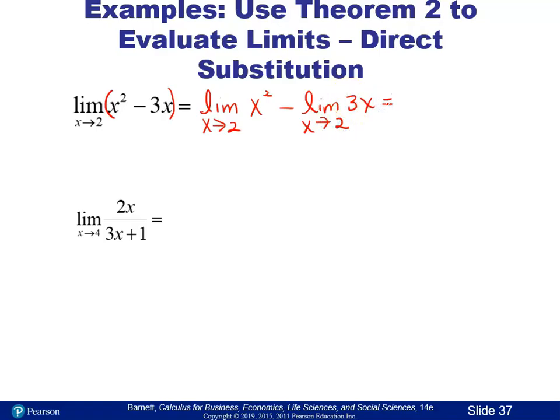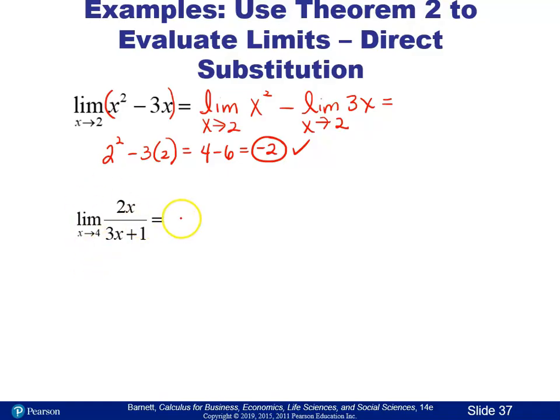But as you do these, a lot of times you don't write it out like this. Generally you'll just do it all at one time. So I'm just going to plug the 2 in. I'll have 2 squared minus 3 times 2. So 4 minus 6 is negative 2, and negative 2 is fine as an answer. We're just going to leave it at that.